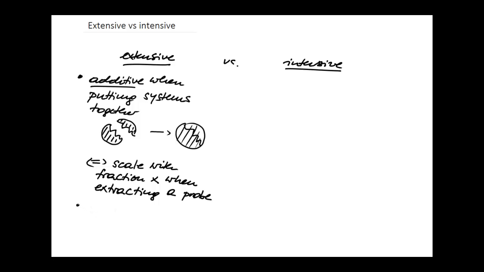Now, examples for extensive quantities. One example I already mentioned, the particle number. Also, the volume is extensive. The internal energy is extensive. And if the system is homogeneous, then in addition, also the entropy is extensive. And there are more. For example, the total magnetic moment of a system and others are also extensive.